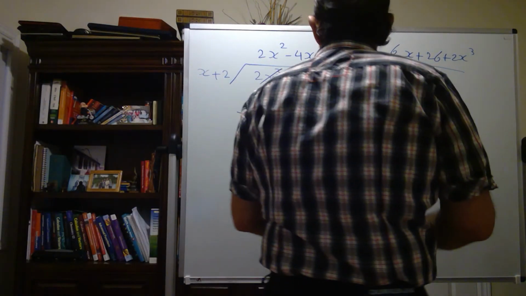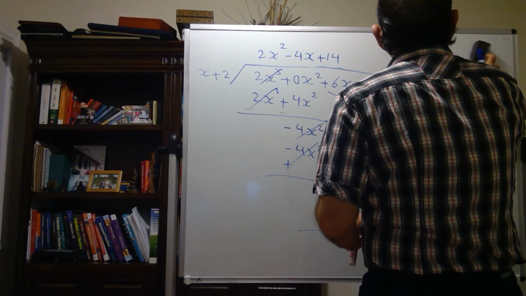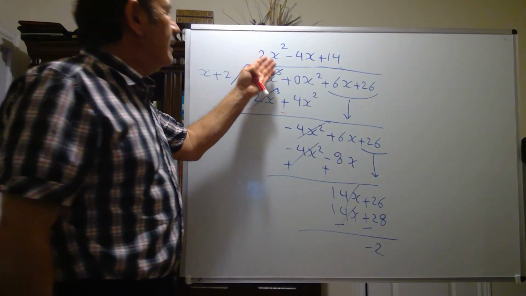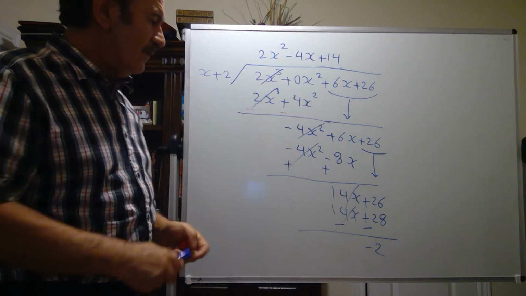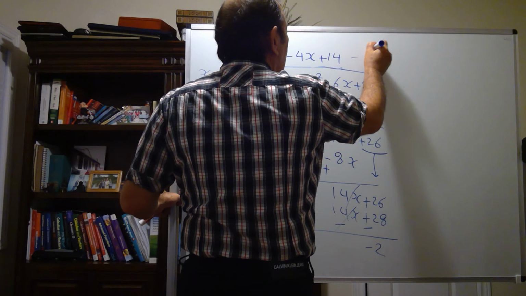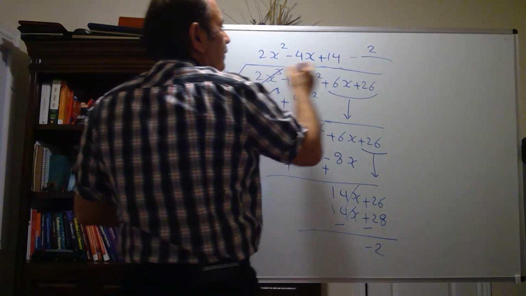What is the final answer? The final answer is 2x squared minus 4x plus 14 minus 2 over x plus 2.